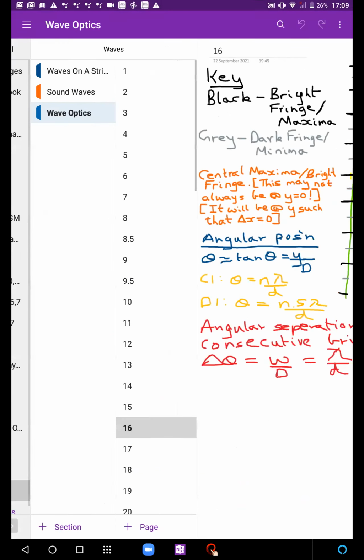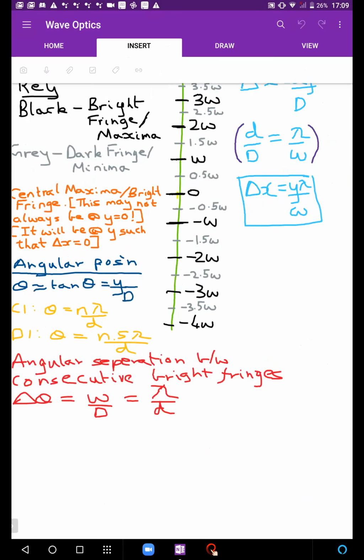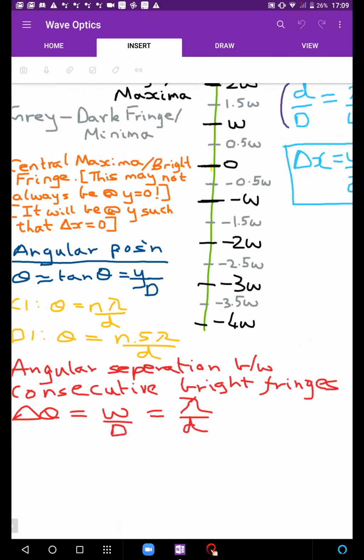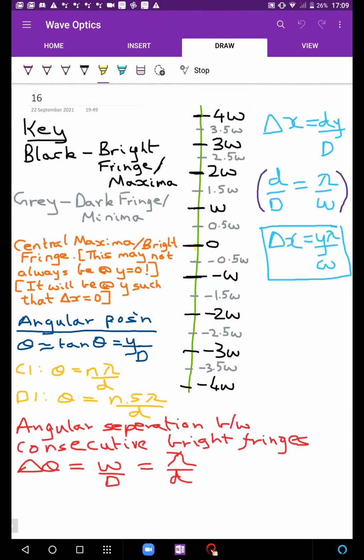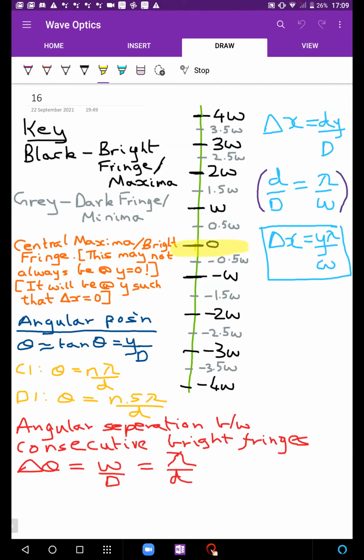Of course, this diagram shows where your maximas and minimas form. It's a uniform graph, and I think here it is mentioned delta theta is lambda by small d. Make sure you understand this is the central maxima. Central maxima is basically the maxima corresponding to a path difference of 0.